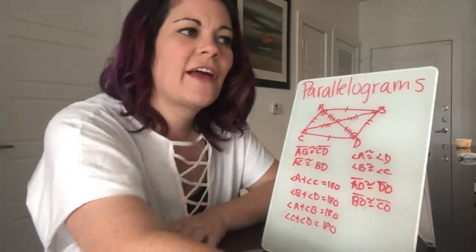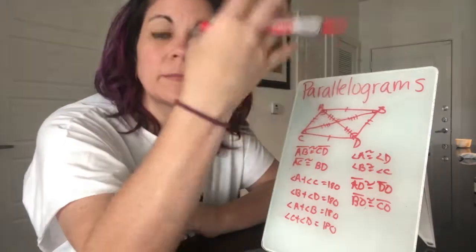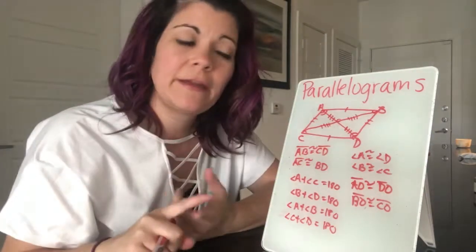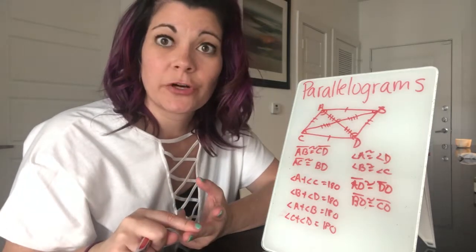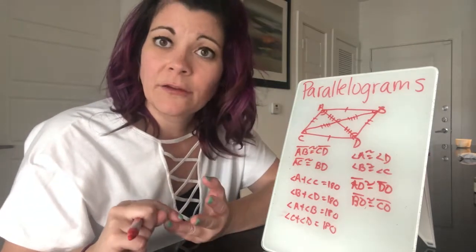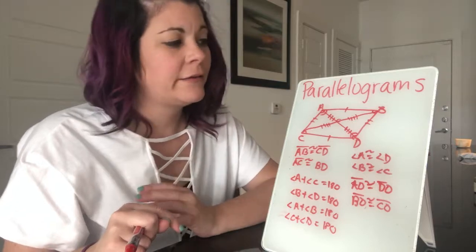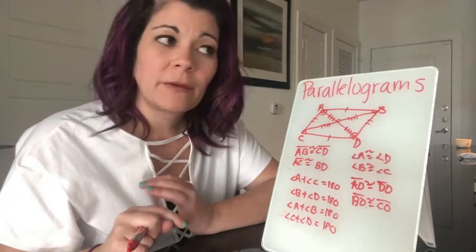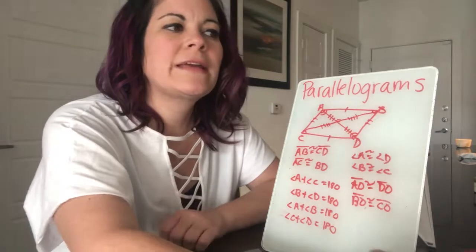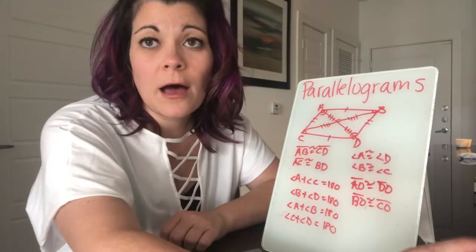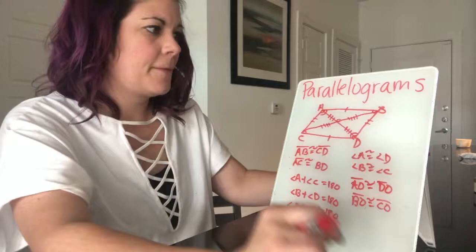And then how can you tell if a quadrilateral is a parallelogram? Check the four properties. Check to see if opposite sides are congruent, opposite angles are congruent, if the diagonals bisect each other, and if consecutive angles add up to 180. A quadrilateral is a parallelogram if opposite sides are parallel.